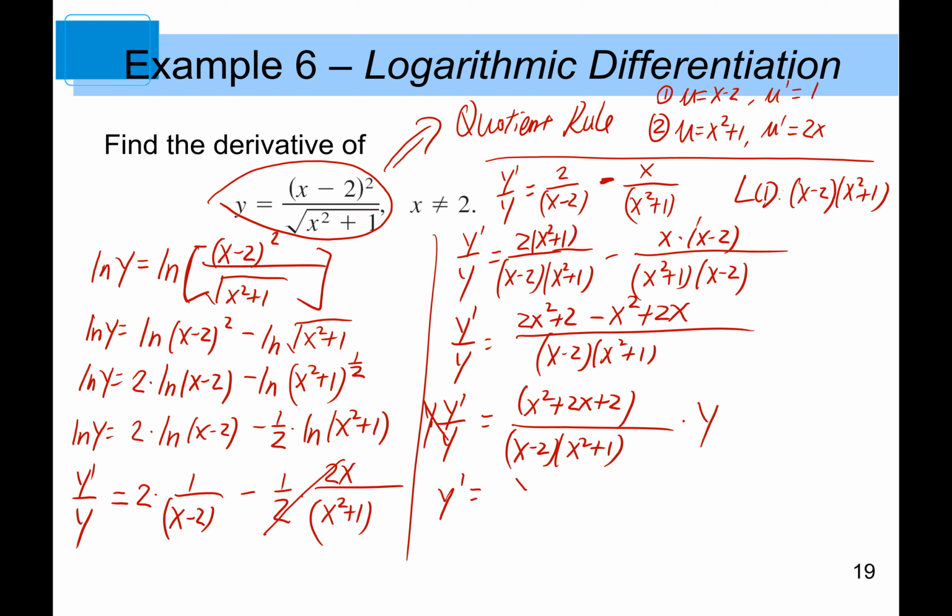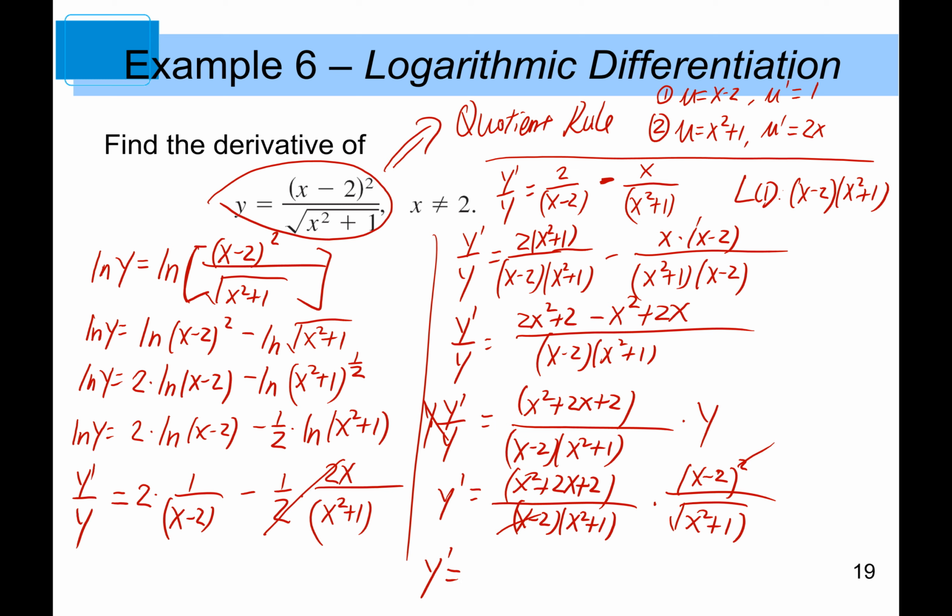So you get x squared plus 2x plus 2 over (x minus 2)(x squared plus 1) times (x minus 2) squared over the square root of x squared plus 1. So cancel x minus 2. So we get y prime equal to (x minus 2) times (x squared plus 2x plus 2) over the square root of x squared plus 1.